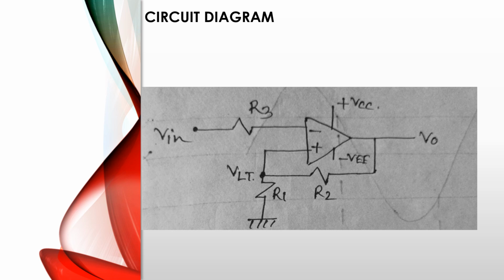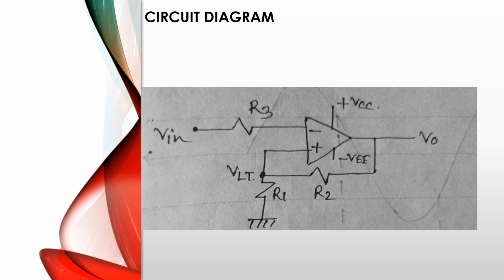If output is positively saturated, that means upper threshold voltage, as long as the input voltage is less than the upper threshold voltage, the output will remain positively saturated. As the input voltage is increased slightly, a point is reached where the input voltage is more positive than the upper threshold voltage.